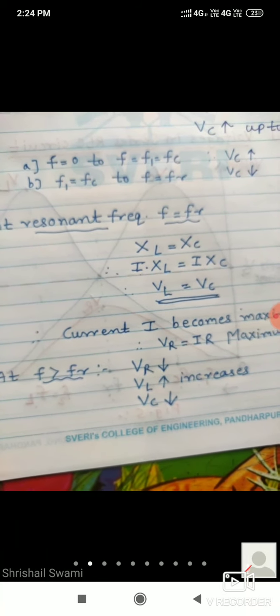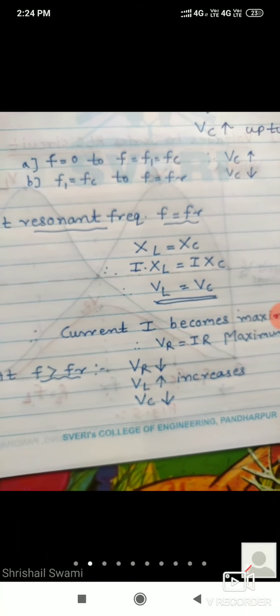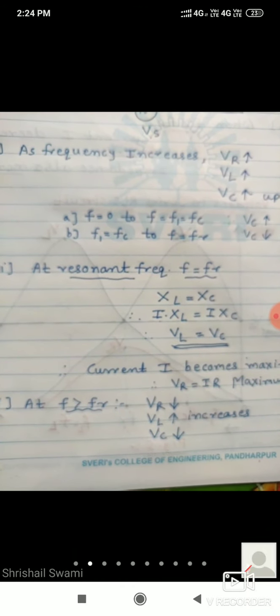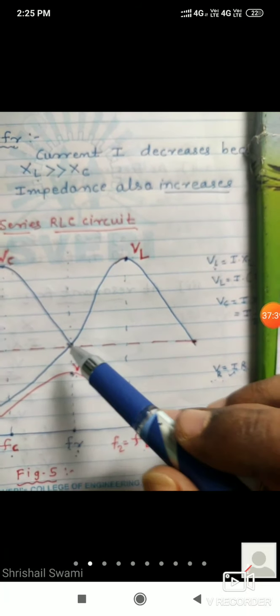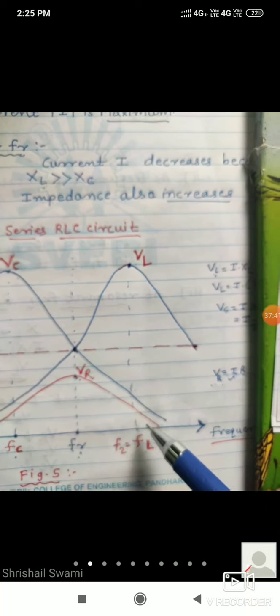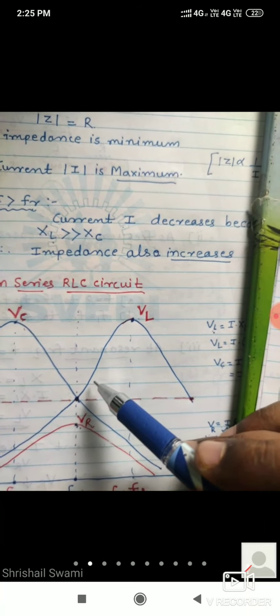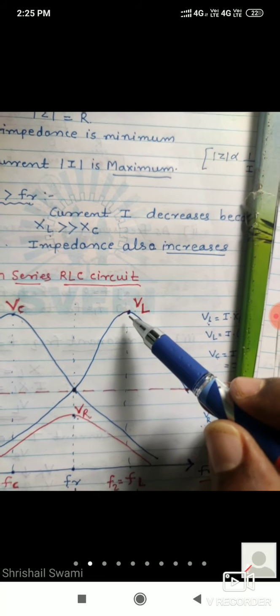VR decreases, VC decreases, and the voltage across the inductor increases. After this resonant frequency, the VR value is going to decrease, the VC value is going to decrease, and VL is going to increase. So how long will the increase continue?